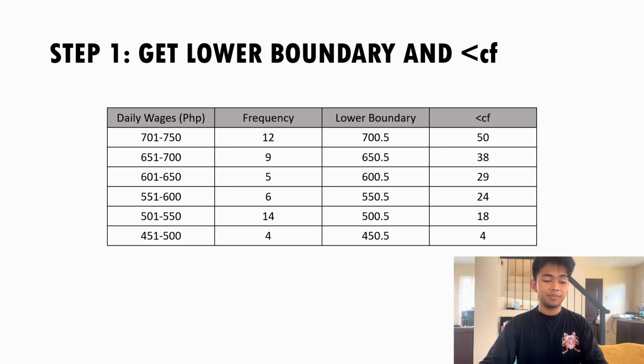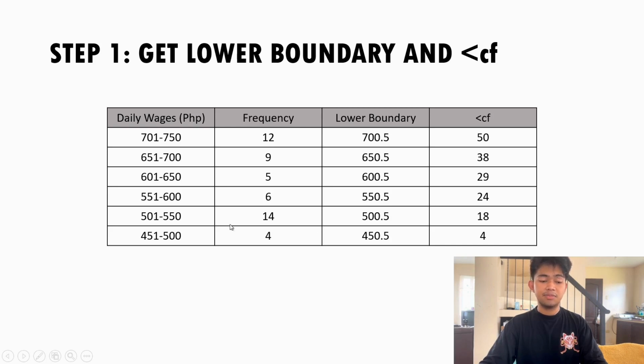Here in the lower part of the data, 451 is the lower limit and 500 is the upper limit. So we subtract 0.5 from 451, which is the lower limit, and it would then be equal to 450.5. That is our lower boundary.